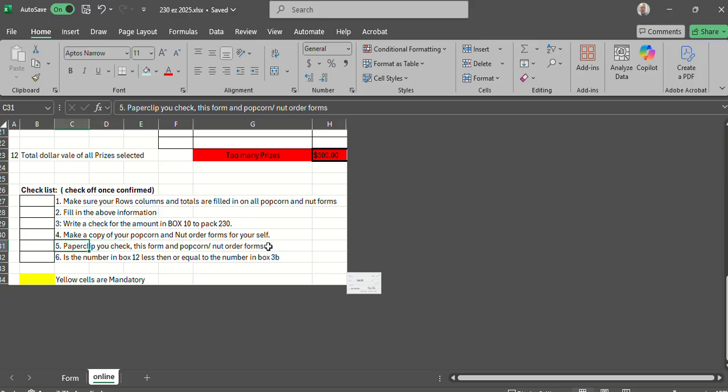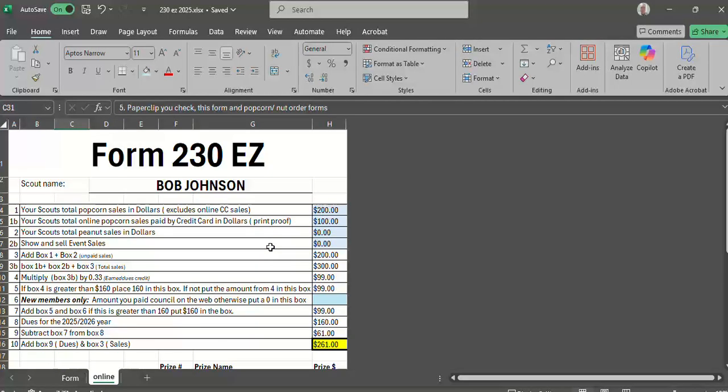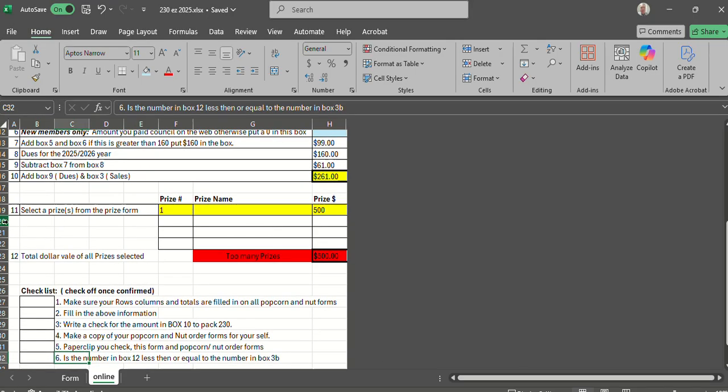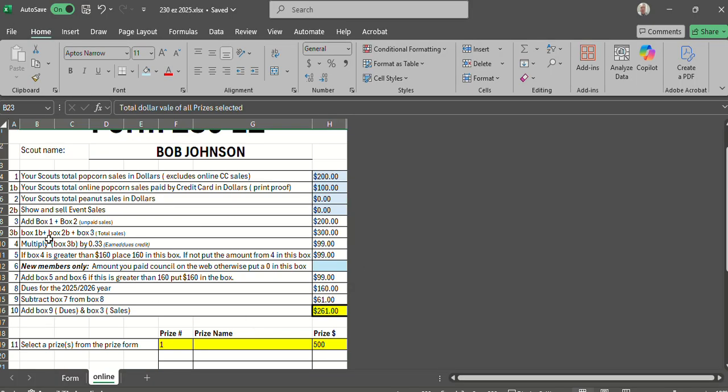If you can, paperclip this sheet and your forms together along with your check. That way everything's together and we know who's who and we can match up real quick. And make sure the number in box 12 is less than the box 3B, which is your total sales.